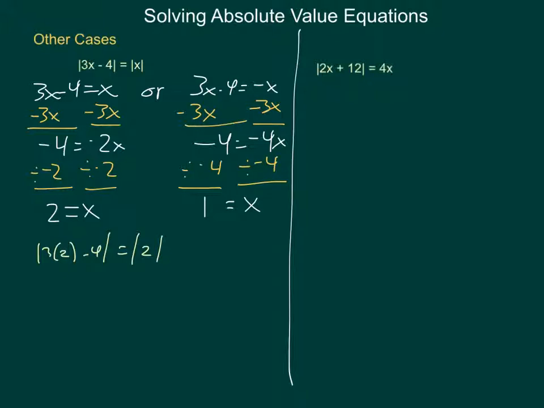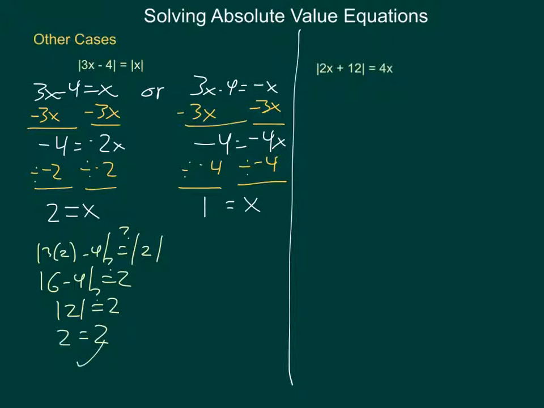I'm substituting that x value into both places where the x is shown. So simplifying the left, the absolute value of 6 minus 4 is supposed to equal 2. The absolute value of 2 is supposed to equal 2. And again, these are supposed to be equal, so we're questioning that. And yes, 2 equals 2.